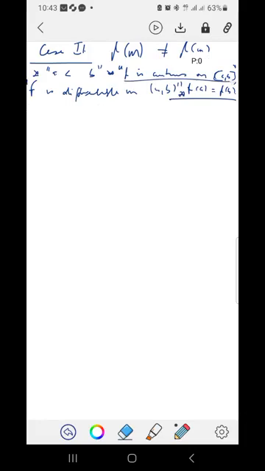Fantastic. So let me sketch it. It's not impossible for it to be like this. We have a and b, and F(a) is here, F(b) is here, because they have to be on the same line. Then we are saying F of big M is not equal to F of little m, which means that both of them cannot possibly be on the same pedestal.